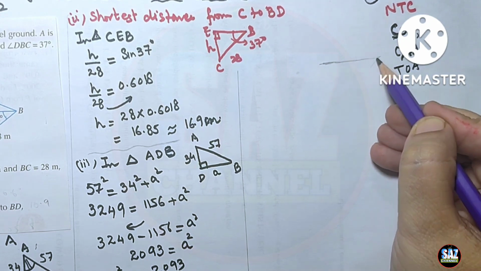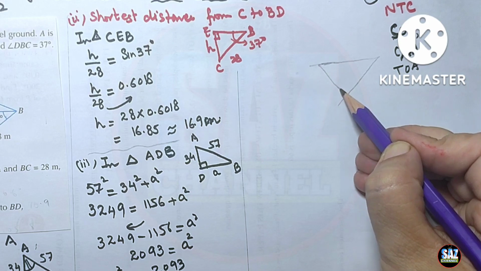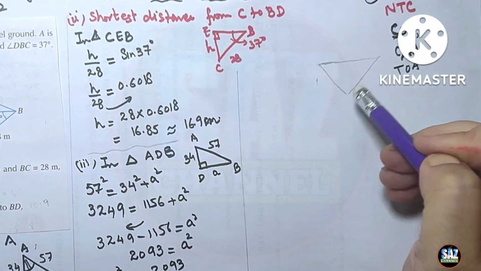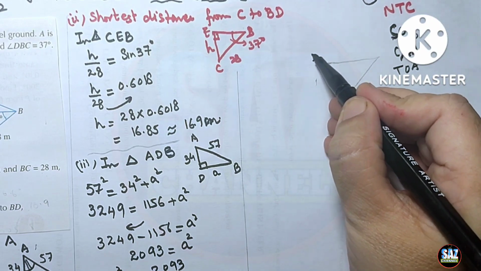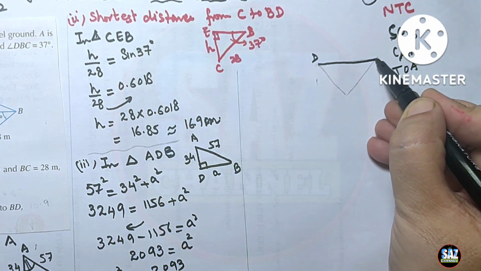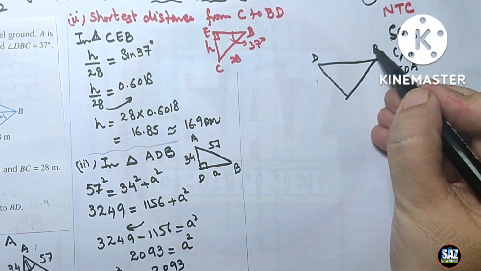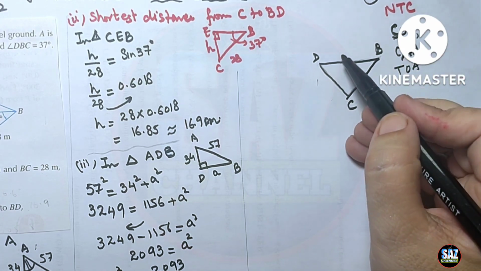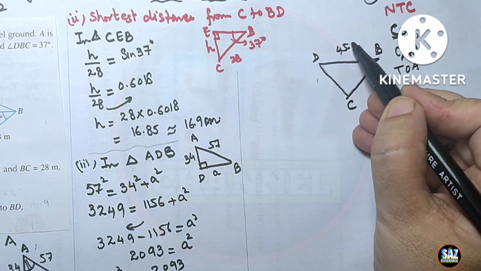They need your mental involvement as well, and you need to be really careful. This is DB, C, D, B and C. This is 45.7. We just got the answer. This is 28 and this is 37.